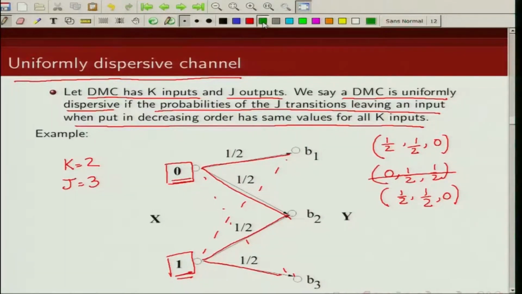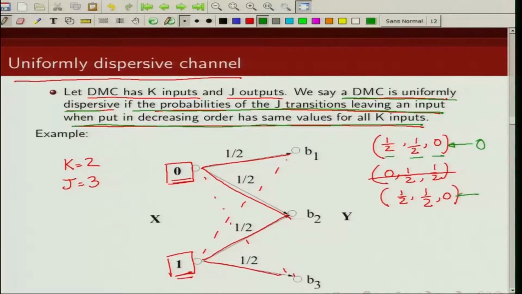Now what does the definition say for a uniformly dispersive channel? It says that a discrete memoryless channel is uniformly dispersive if the probabilities of the j transitions leaving an input when put in descending order has the same value for all the k inputs. Now when I put the j transitions corresponding to input 0 in descending order, I got half, half, 0.